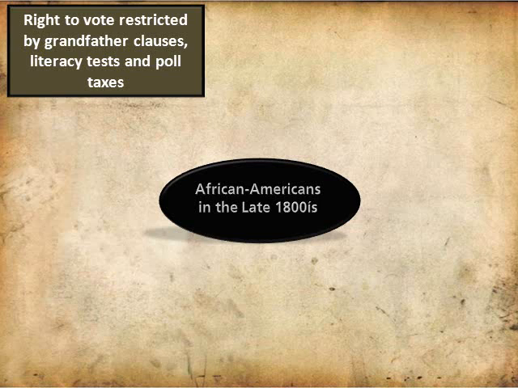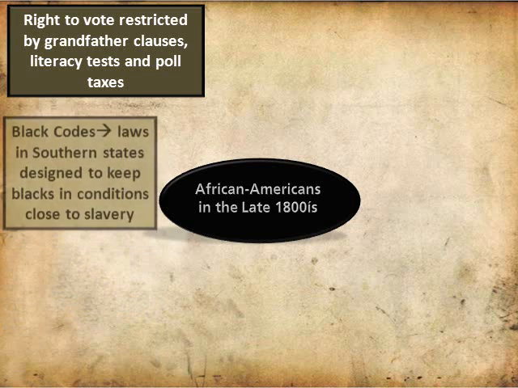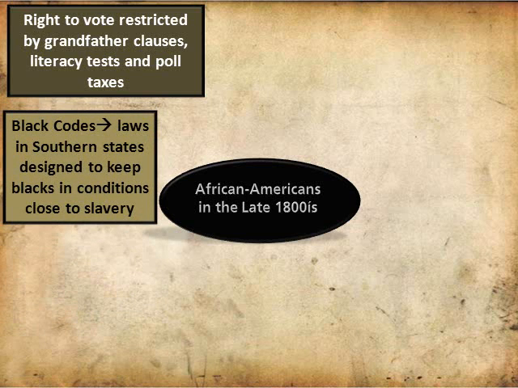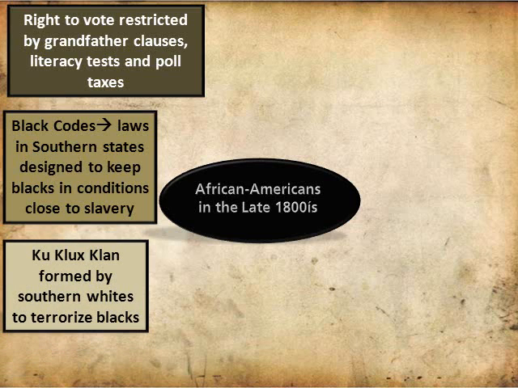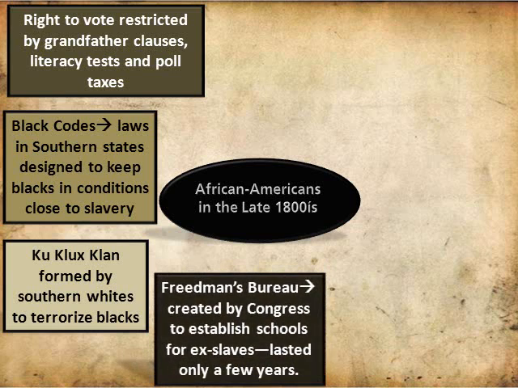However, there's going to be a lot of restrictions to their voting through things like grandfather clauses, literacy tests, and poll taxes. They are going to be faced with black codes, which are laws designed to keep blacks in conditions as close to slavery as possible. The KKK is going to form to terrorize African Americans.